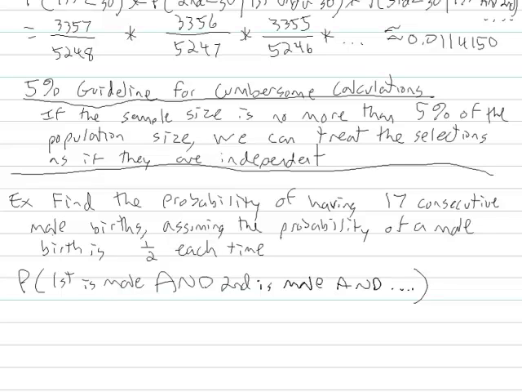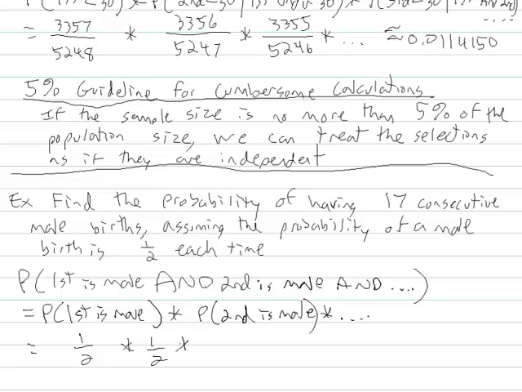We just simply multiply them all together. Probability that the first is male times the probability that the second one is male times, and so on. Well, those are all the same. Every one of those is 1/2. So we take 1/2 times 1/2 times 1/2, 17 times. That's 1/2 to the 17th power.